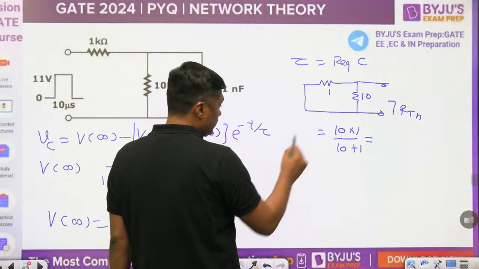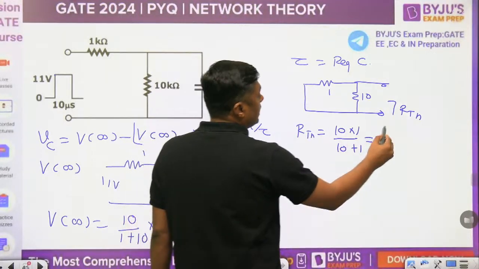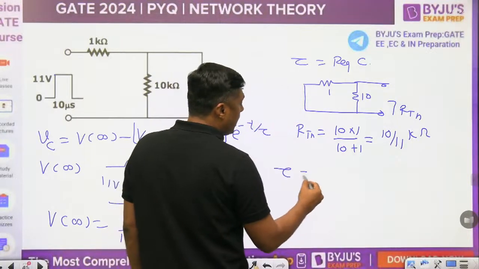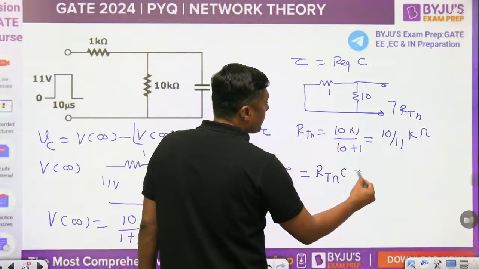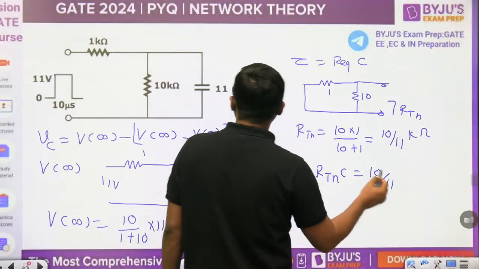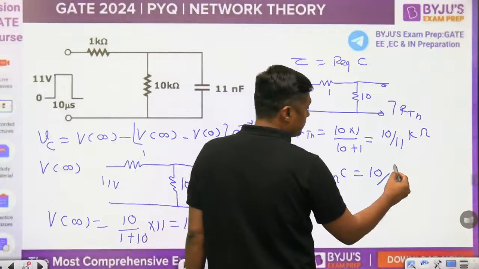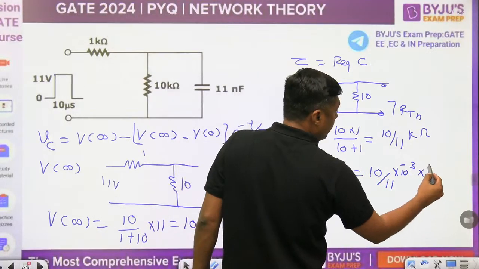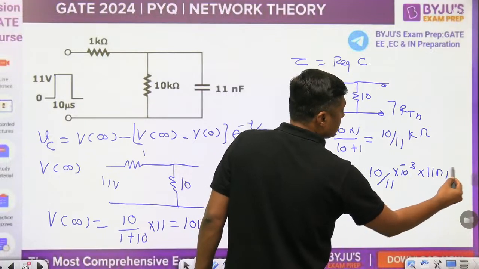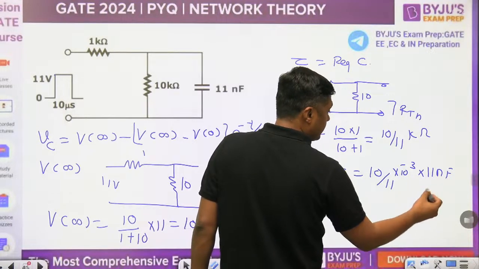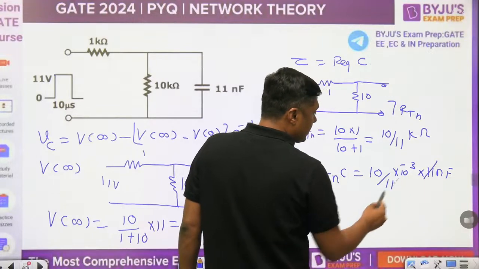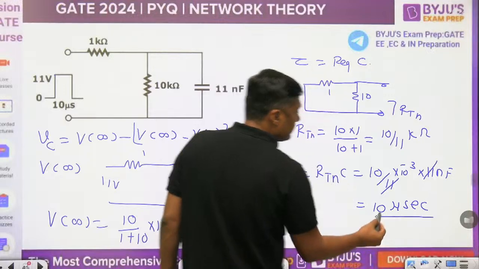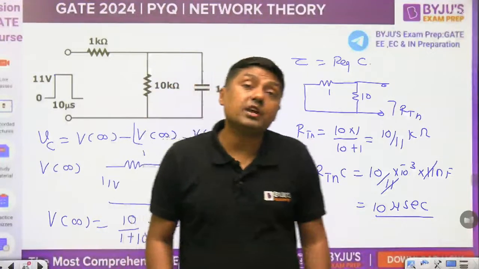That is 10 by 11 kilo ohm. What is the time constant? RTH into C: 10 by 11 kilo ohm, and the capacitor is 11 nanofarad. The 11 cancels and you will get 10 microsecond. 10 microsecond is the time constant.